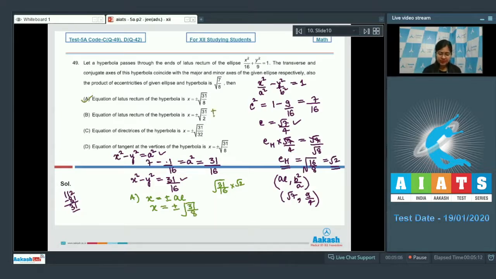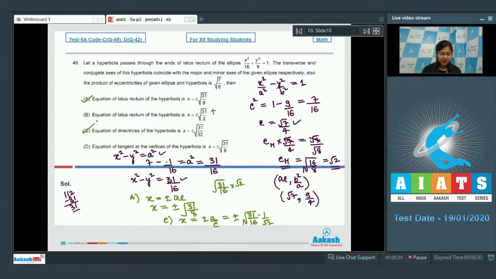So option number B is incorrect. Now equation of directrices of the hyperbola. Equation of directrices will be x equal to plus minus a by e, that is plus minus root 31 by 16 into 1 by root 2. So that is plus minus root 31 divided by 32.